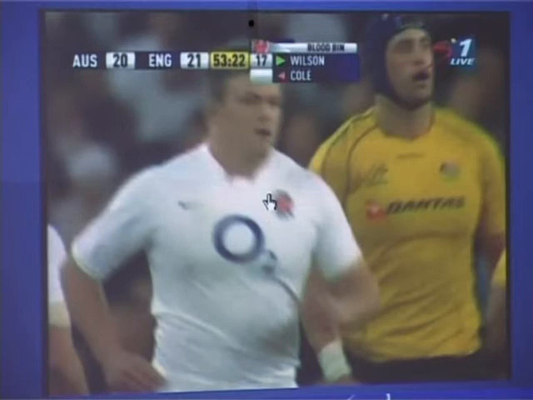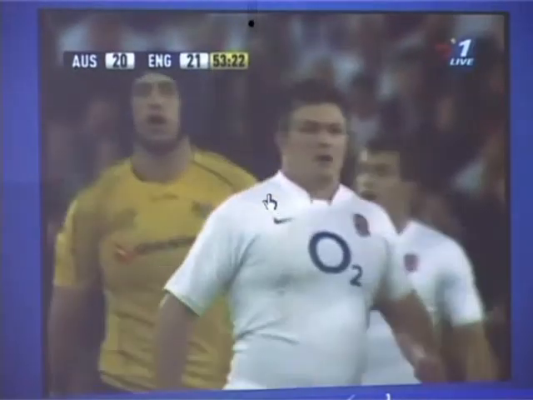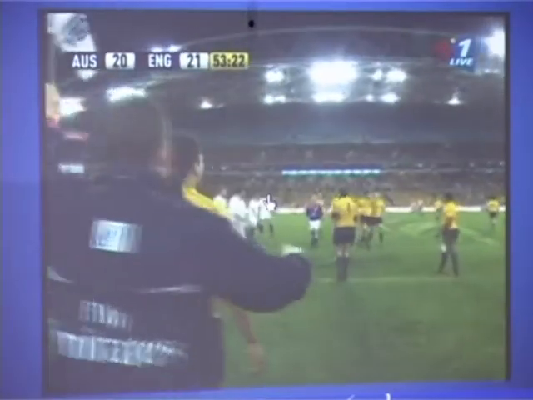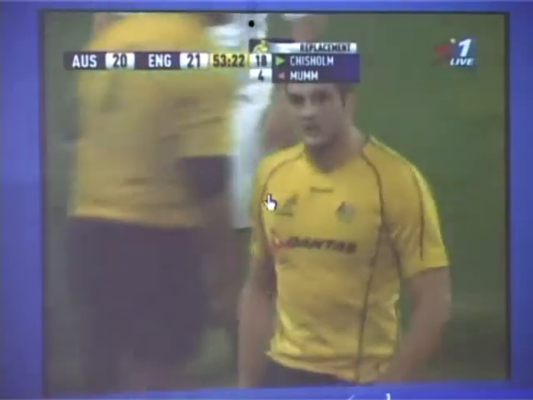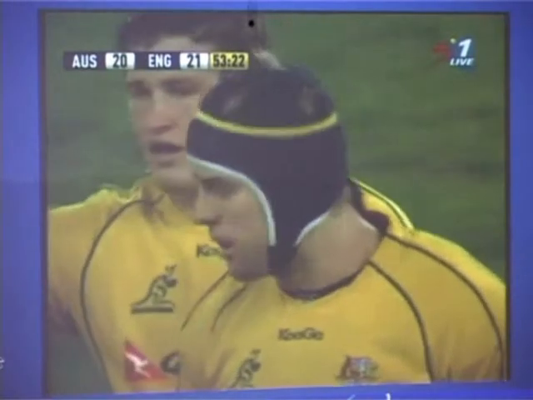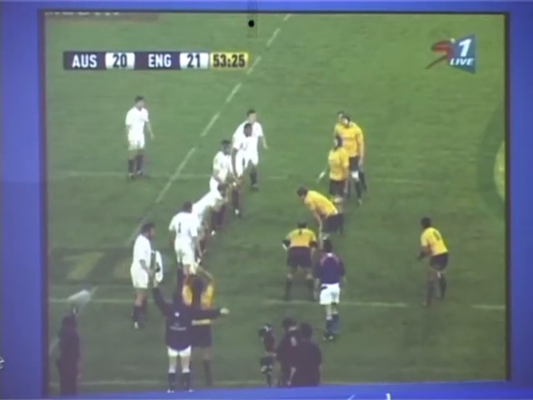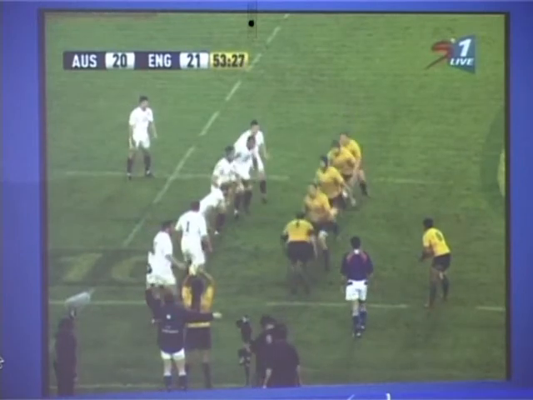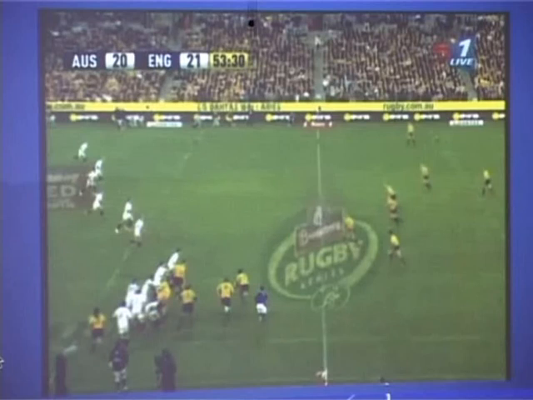Okay, just clip number 4 there. Look for me at the spacing and the throw. How big must the space be?